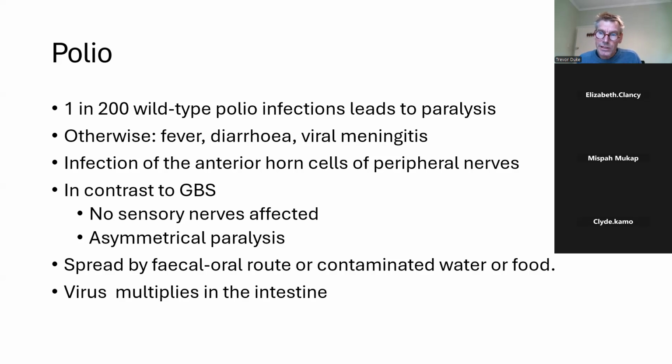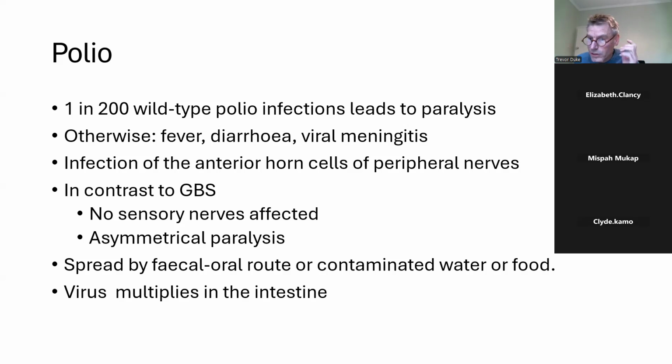So ascending symmetrical paralysis with sensory nerve involvement is usually due to Guillain-Barre syndrome, whereas asymmetrical paralysis with no sensory nerve involvement, then think, of course, of polio. All of these are AFPs, so they need to be reported.